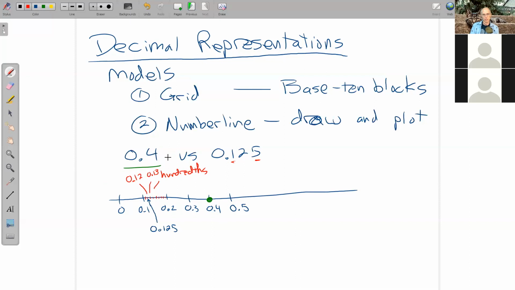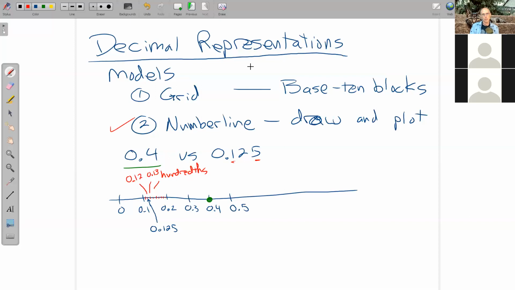And sometimes when we play with multiple place values at the same time, like tenths versus tenths and hundredths, or tenths, hundredths, and thousandths, it's a bit of work to get things placed right. So that's the number line model. It's just a matter of having a correct scale drawn out and putting numbers in the right spot, which is a little easier than working with fractions. So that's one nice thing about decimals. The number line is a lot easier to work with in finding where numbers are.